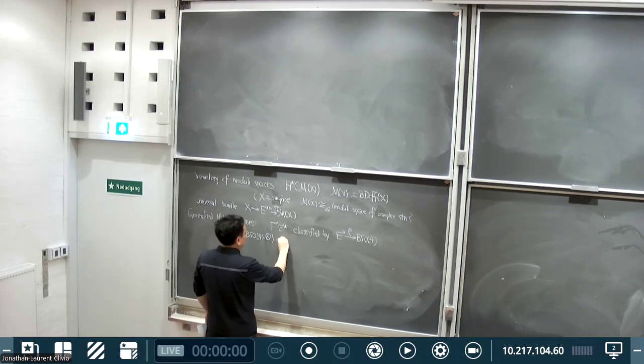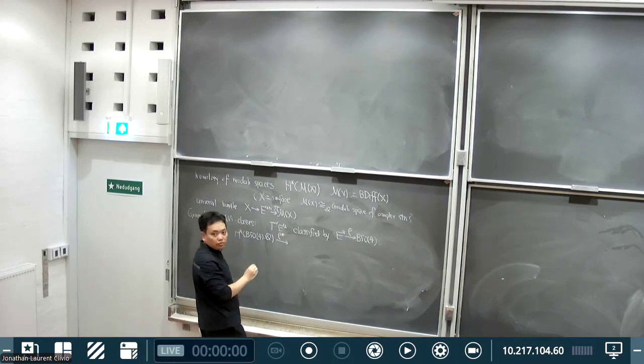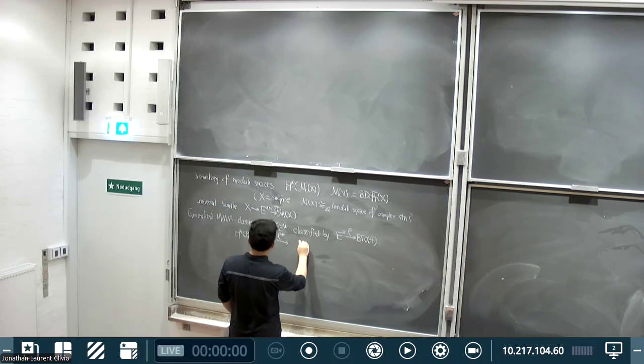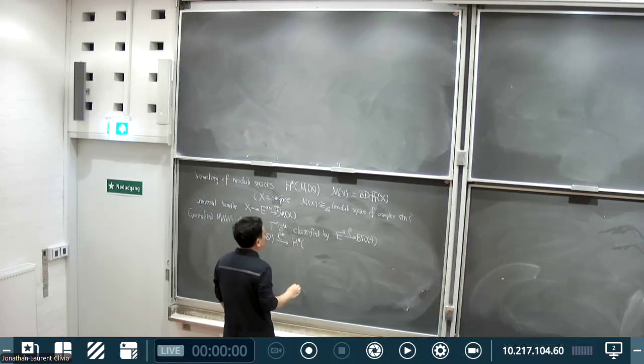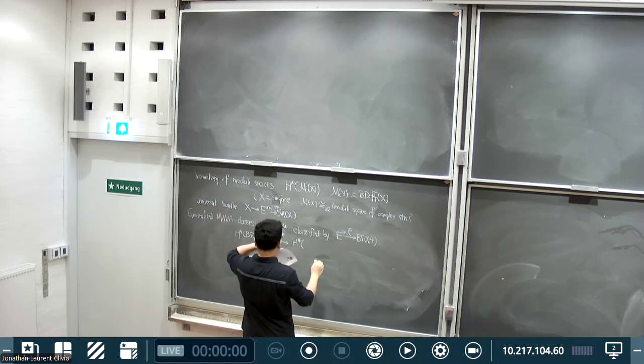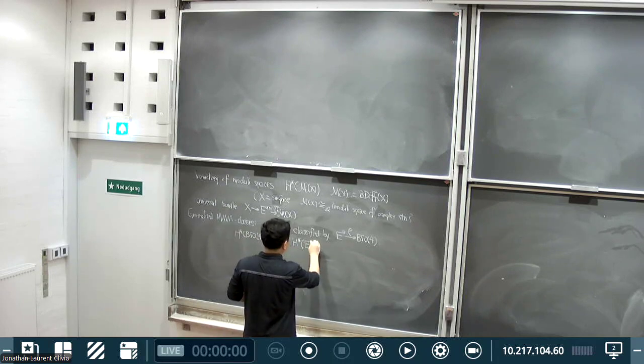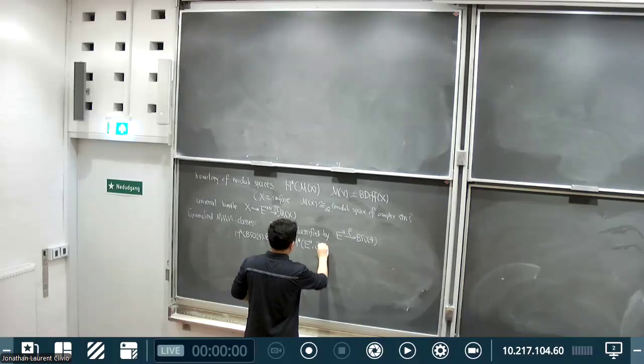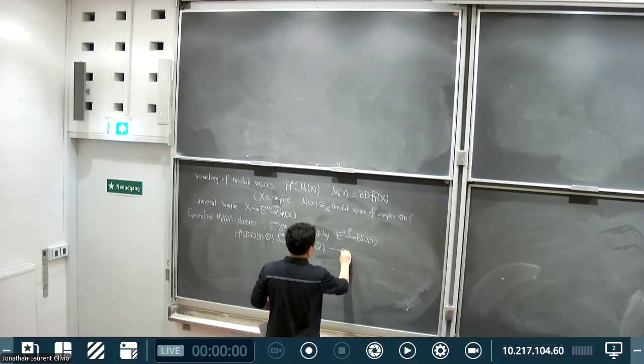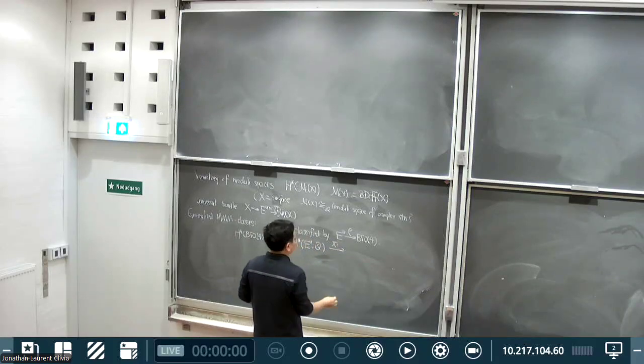Then we can pull back using rho, that gives us elements in the cohomology of the total space. Right, now we can do fiber integration.